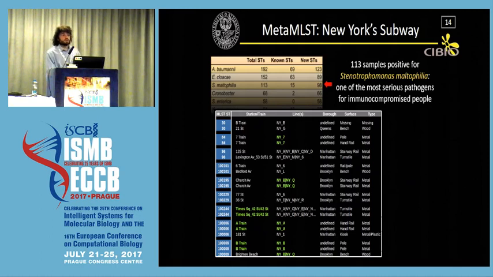And this is expected, because if you sample the same train or the same ticketing machine twice, you would expect to see the same strain there. But we can have this kind of resolution even in urban microbiomes, and that wasn't a given thing.